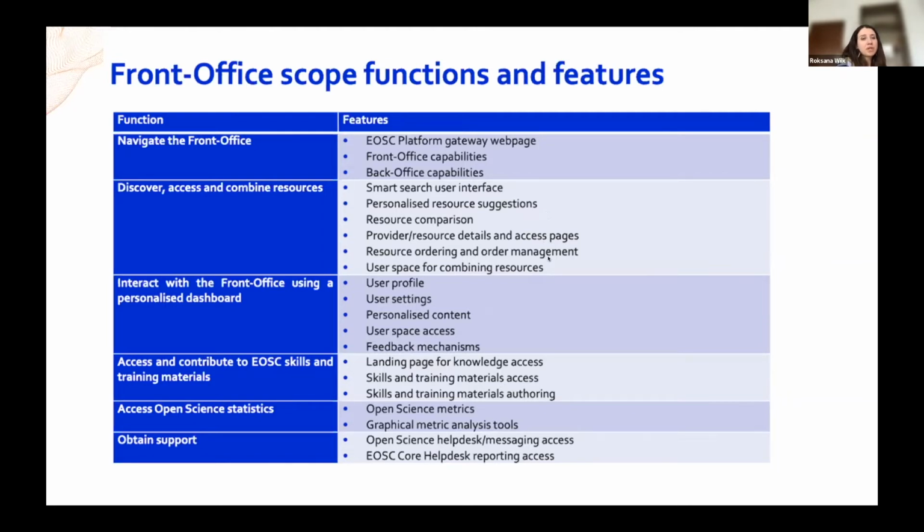And a new element, which relates to what Paolo has already mentioned: we'll expand the offer with the research products and later on with other types of resources envisioned in EOSC.